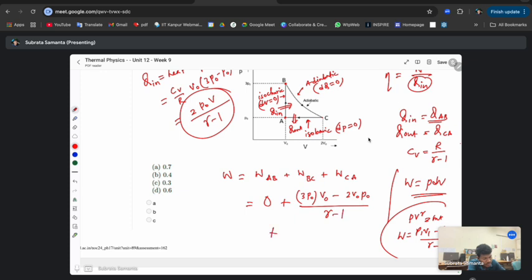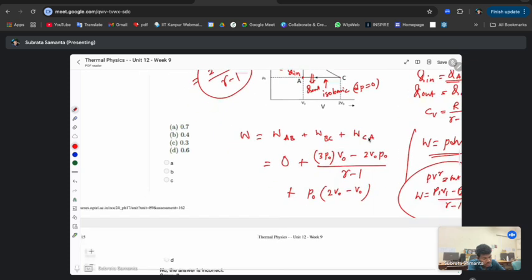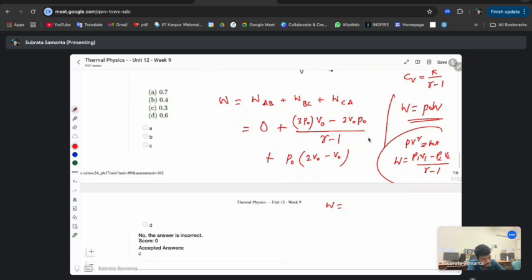Plus W C to A. At constant pressure, this is not a problem. So it's P naught times dV, where dV is 2 V naught minus V naught, right? So this W equals P naught V naught times (2 minus gamma) over (gamma minus 1).